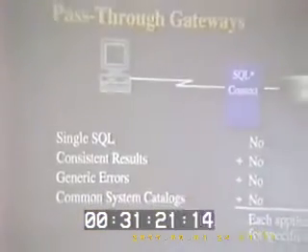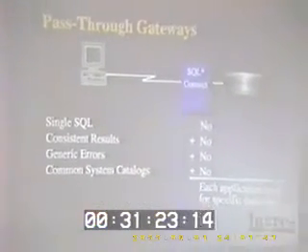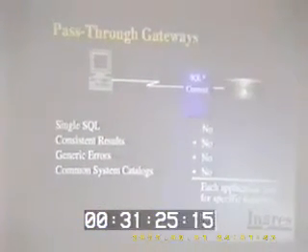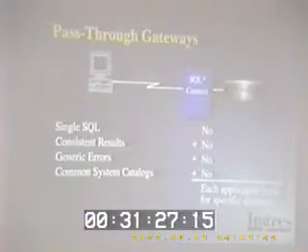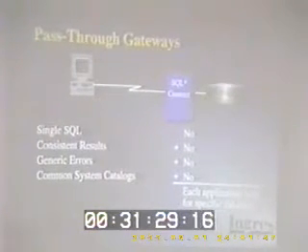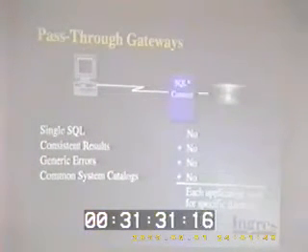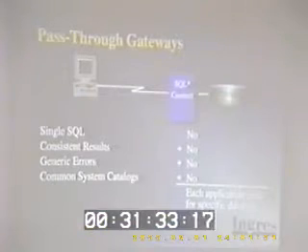Now there are other types of gateways in the market. There are actually two other types. There's the type that Oracle provides, which I like to call a pass-through gateway. Essentially, a pass-through gateway allows you to connect to a foreign database.